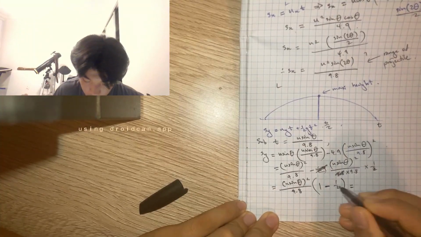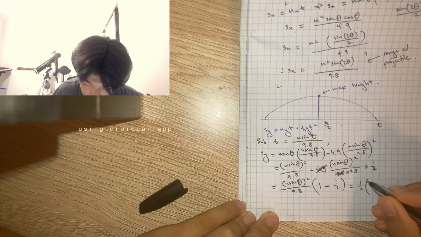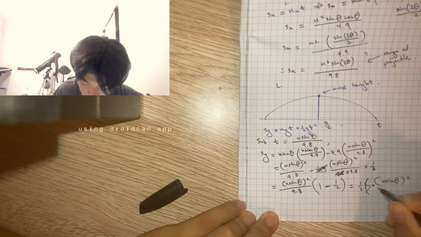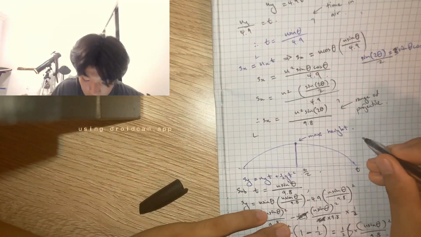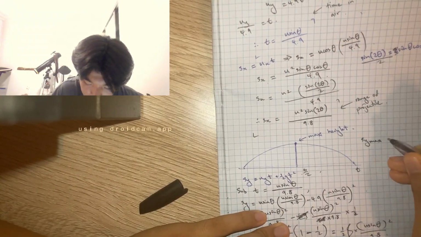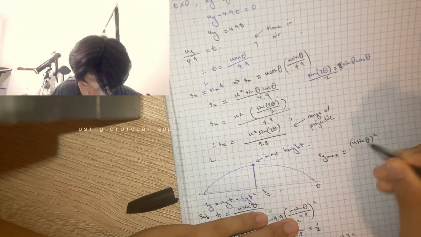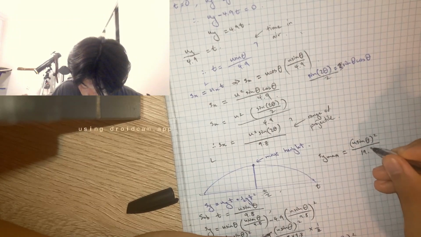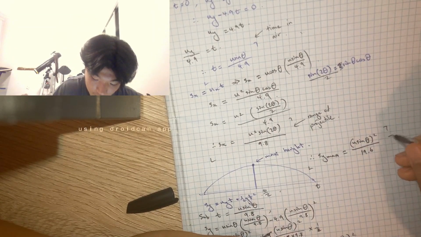So then this becomes a half times u sine theta all squared over 9.8. So then, therefore, s y max equals u sine theta all squared over 2 times 9.8, which is 19.6. Okay. Max height.